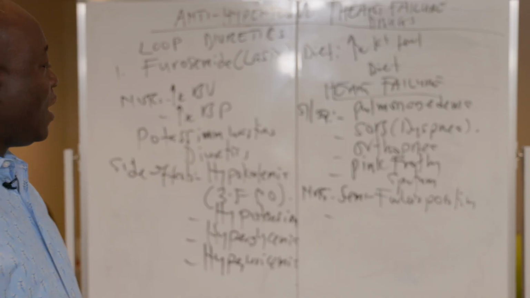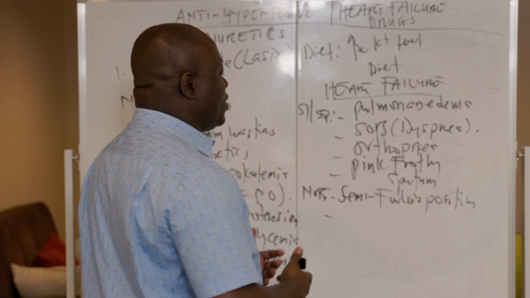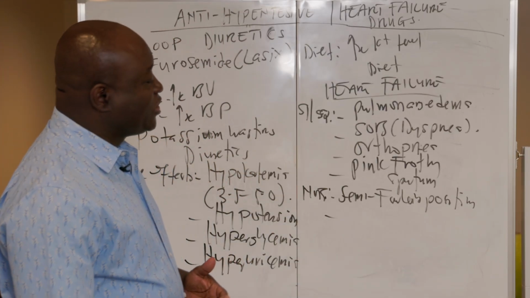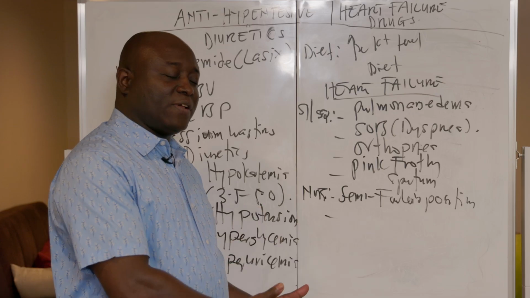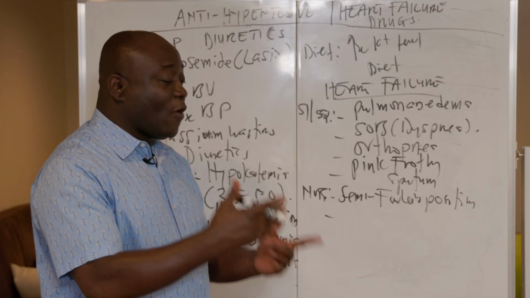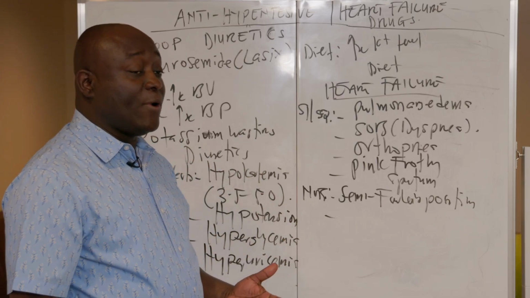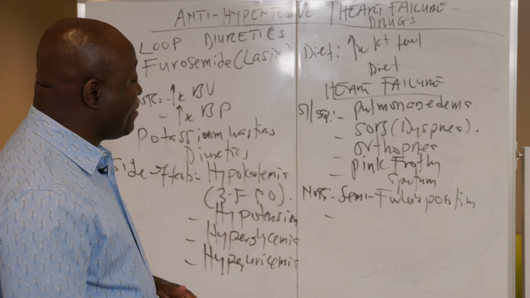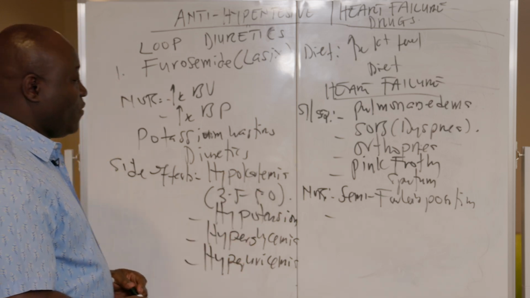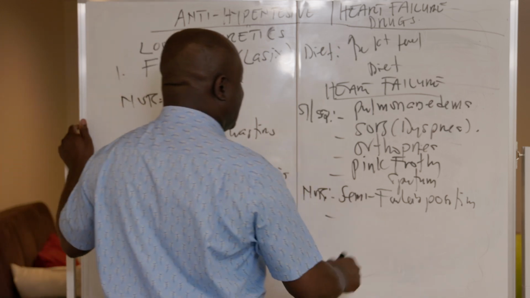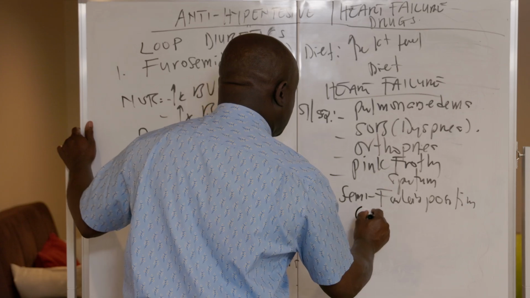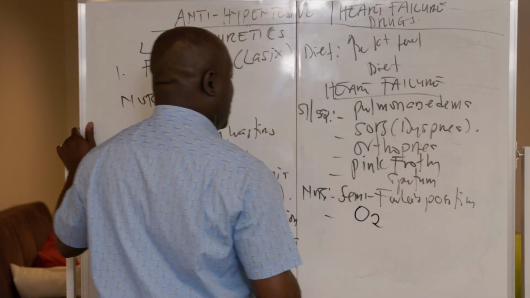Maybe that could be the first choice, because it makes sense. If somebody is experiencing shortness of breath and you put the person's head flat on the bed before giving oxygen, it doesn't make any sense. You always have to sit the client up in a semi-Fowler's position first before you give oxygen. So after sitting the client up, then you give what? Oxygen.